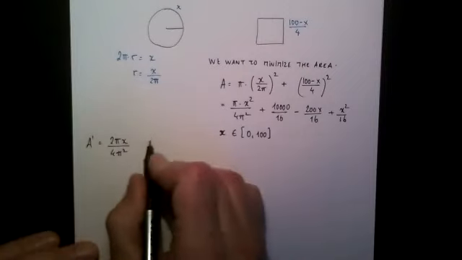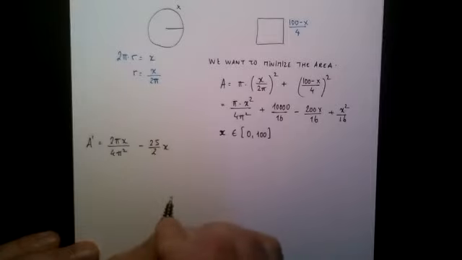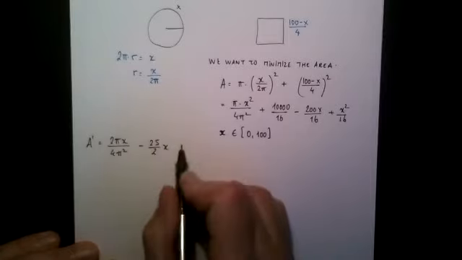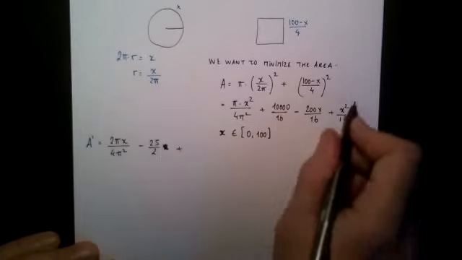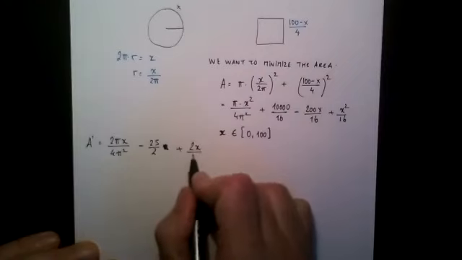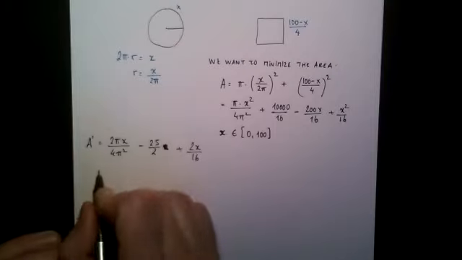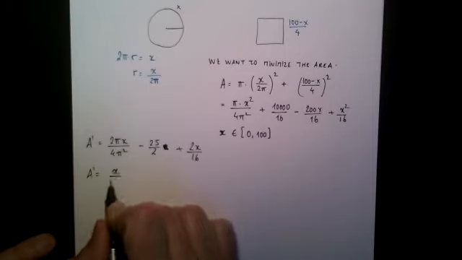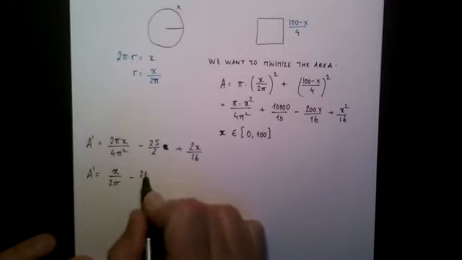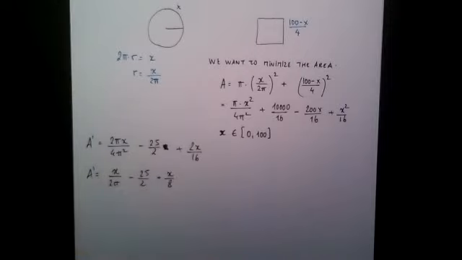It's 25 over 2, so minus 25 over 2. I don't need to differentiate that, so just 25 over 2. And then plus the derivative of this, which is 2x over 16. If I simplify, A prime is equal to x over 2 pi minus 25 over 2 plus x over 8. We're good?